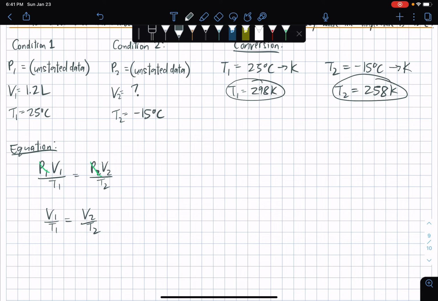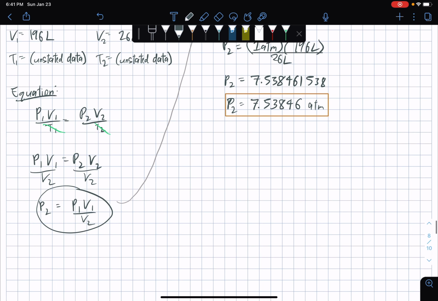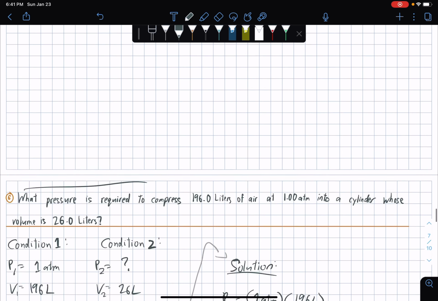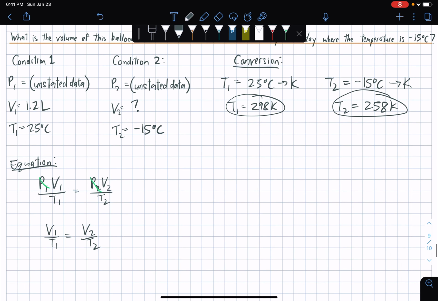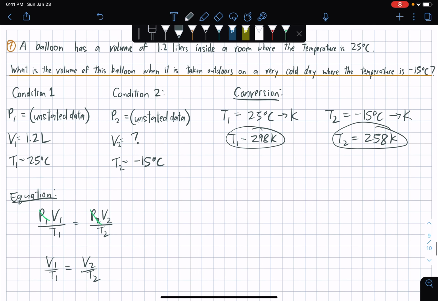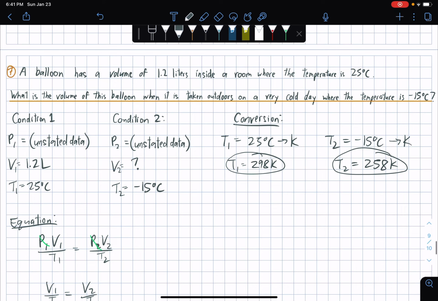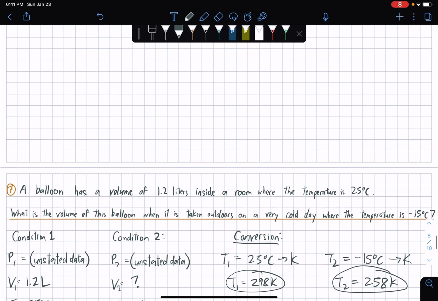Basically, I don't think this is part of chapter 4. This is not Boyle's law because temperature is not constant. Temperature has a given value. So I suppose this question is a bonus. This is not part of our main lesson in this video. I suppose this is all about the... Wait, hang on.